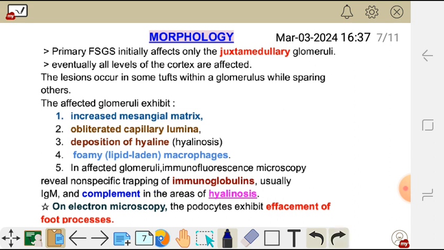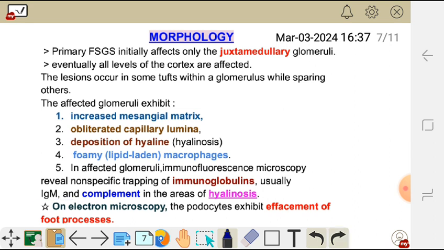Usually these immunoglobulins are IgM, and we also have complement in the area of hyalinosis, where we have deposition of hyaline. We are going to observe trapping of complement proteins and IgM immunoglobulins.